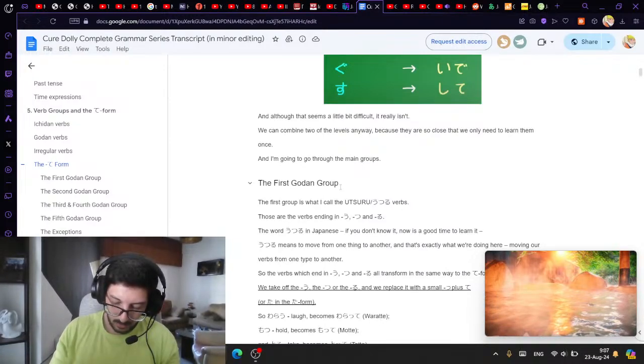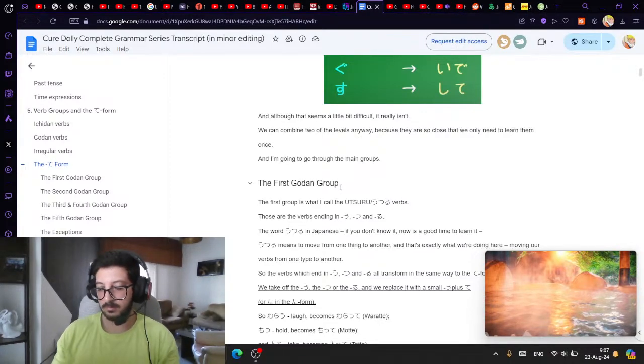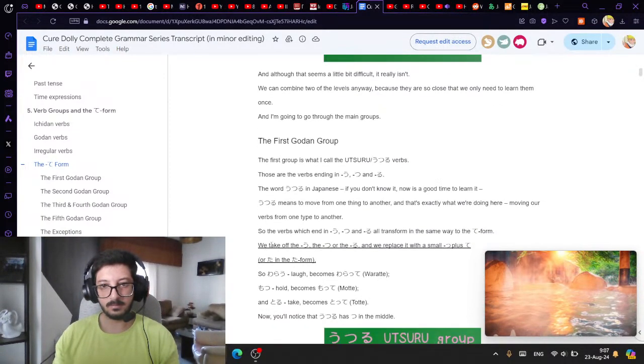So the first group is the Utsuru Godan group.